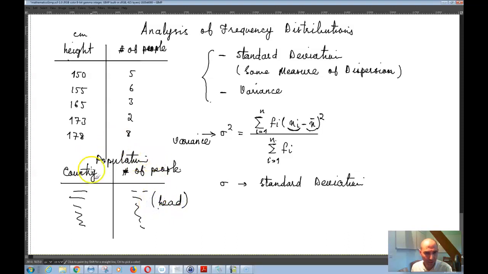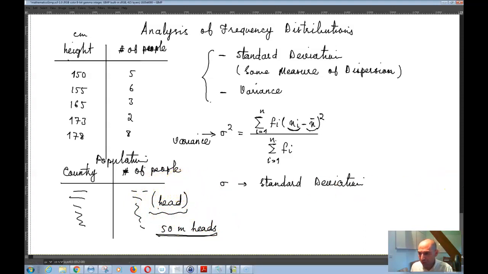I think in population, they usually measure the number of people by head. For example, they say 5, 10, 50 million heads, or something like that. I'm not sure about this, but it must have a unit, basically.